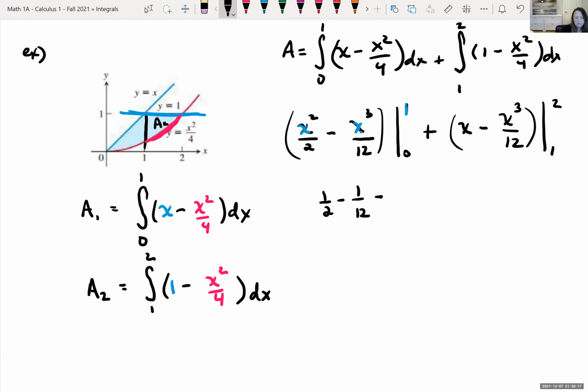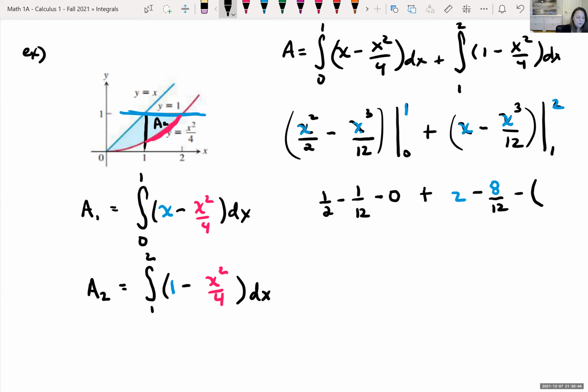Minus, well, now when we plug in 0 wherever we see an x, we just get 0. So plus, now we're going to plug in 2 wherever we see an x here. So plugging in 2, we get 2 minus 2 cubed, which is 8, all over 12.